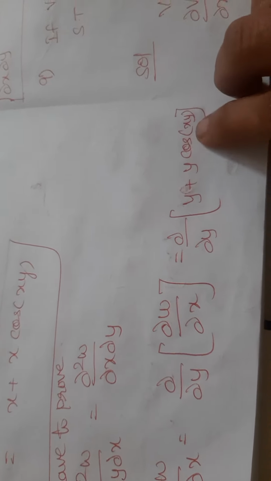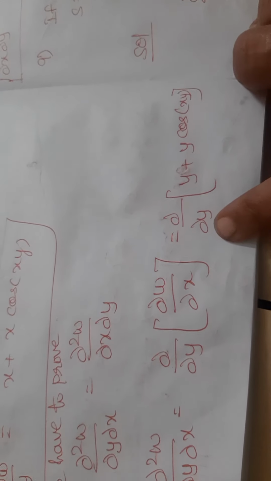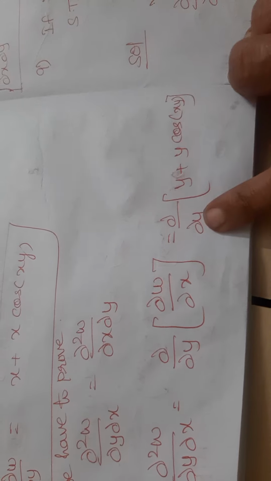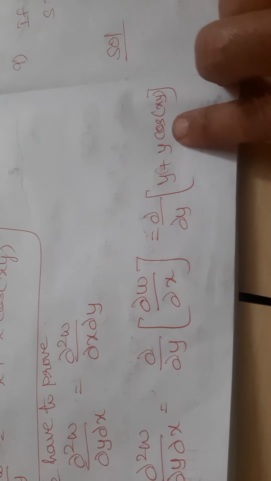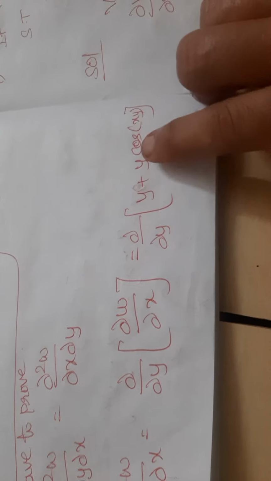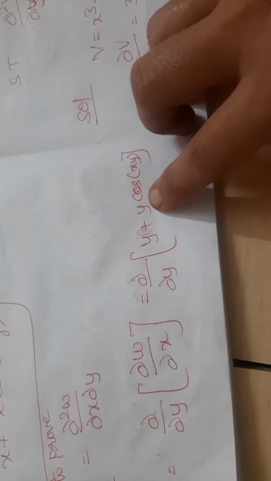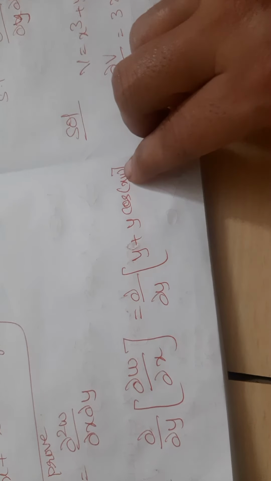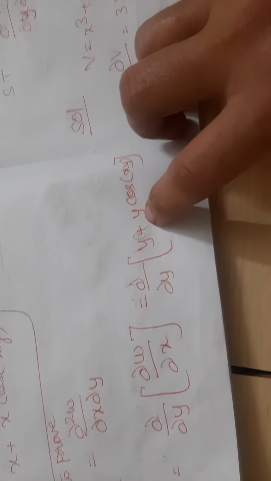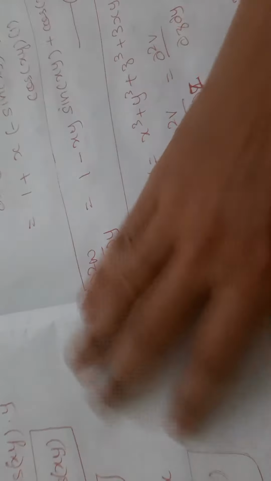So this answer I want to differentiate partially with respect to y. So differentiation of y is 1. And this I must use as the UV method, because here also I have y and here also I have y. So I must treat it as UV. This must be u and this must be v.